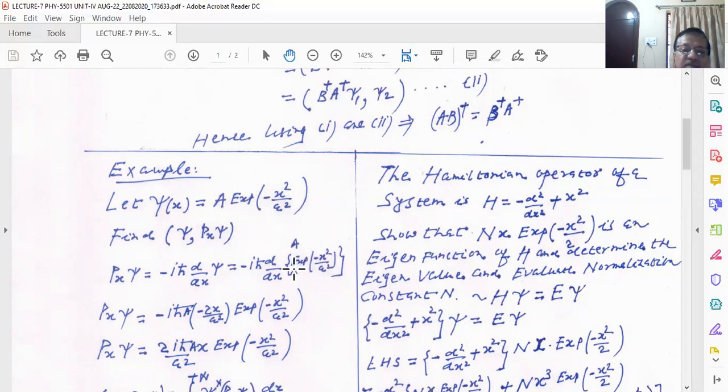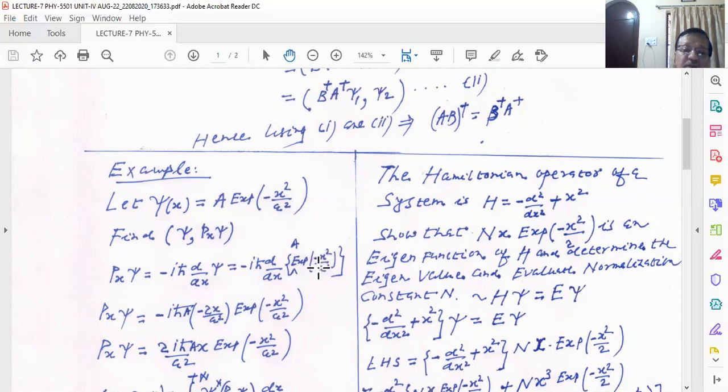So you have to differentiate d by dx of the exponential of minus x squared over a squared, and a is constant, so you take it outside. So it is minus i h-cross a, and d by dx of the exponential. The exponential factor remains as it is, and it becomes d by dx of minus x squared over a squared, the argument of the exponential function.